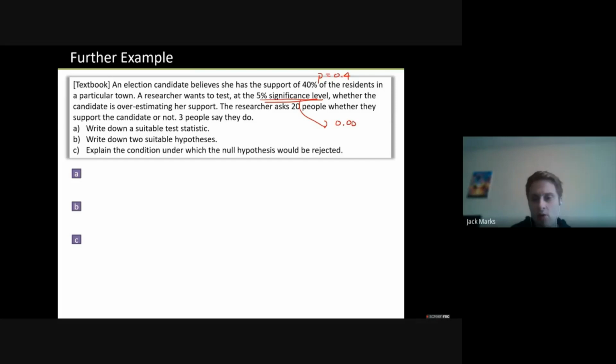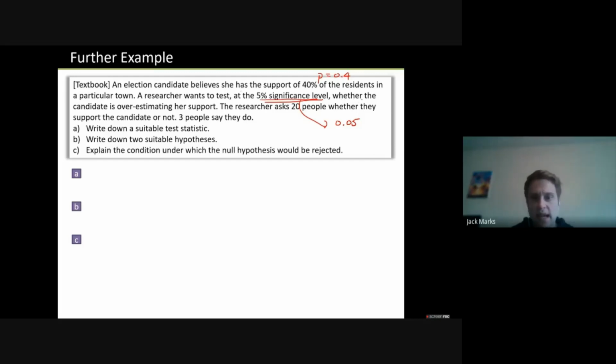This is the 0.05 that at the end of the question we will compare to. And we will say that if the probabilities are really exceptional and less than this, then we would reject the null hypothesis. But if they're bigger, then we will just accept the null hypothesis. We will keep with it. So this is something to come to at the end of the question.